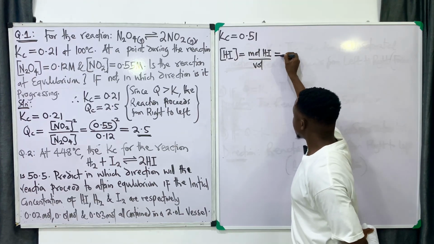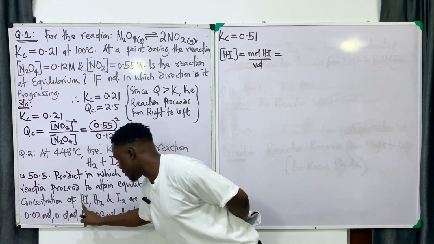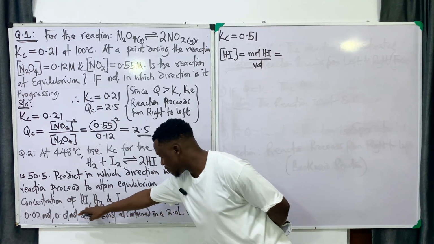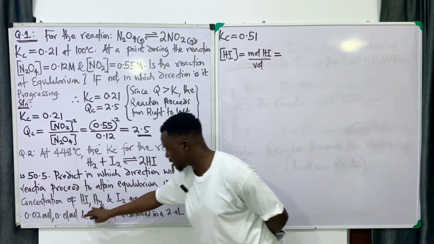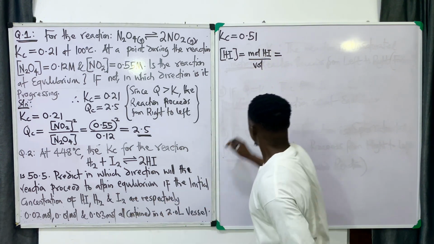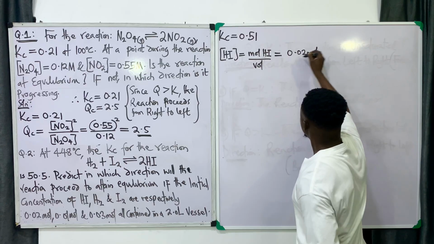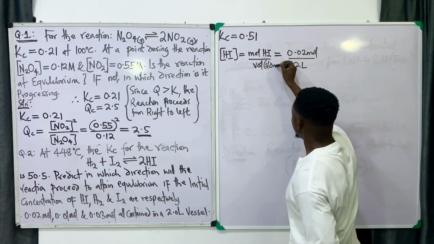Now the mole of HI was the first one here. So the first value here is going to be that for HI because they use the word respectively. Respectively means that for these three values, the first one goes to the first, the second goes to the second, and the third goes to the third. So we have 0.02 mole all over 2 liters. Class, the volume has to be in liters or dm cube.